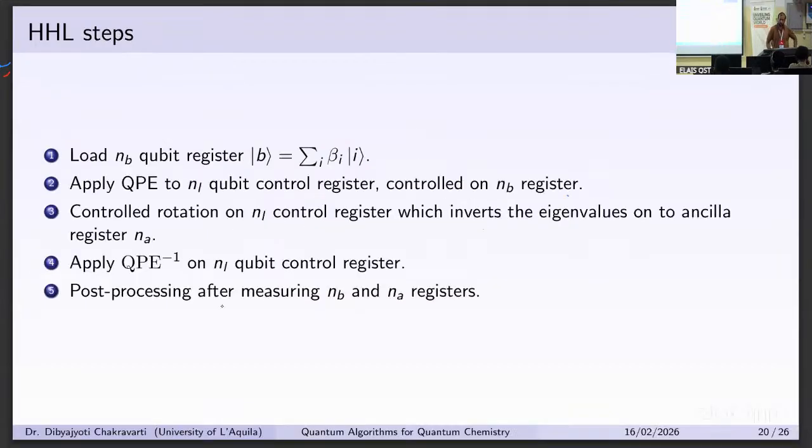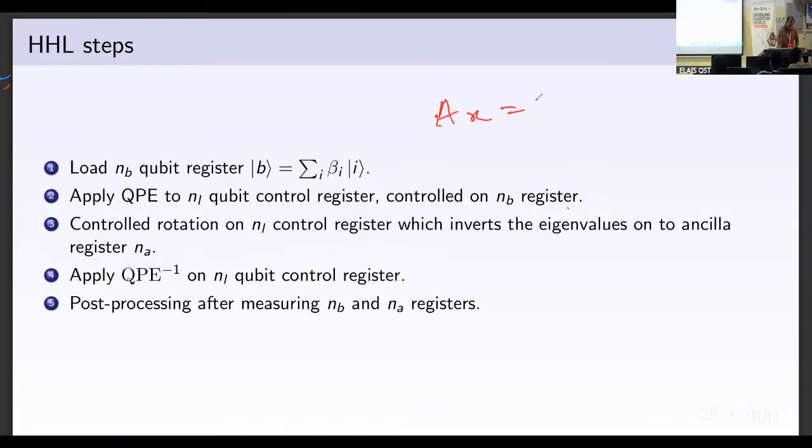Okay, so the steps of the HHL algorithm, I will first go through the steps and then afterwards I will explain why the steps are like this. We need three registers for the HHL algorithm. The first register is where we load the vector b of Ax equal to b. If you remember, the equation was Ax equal to b.